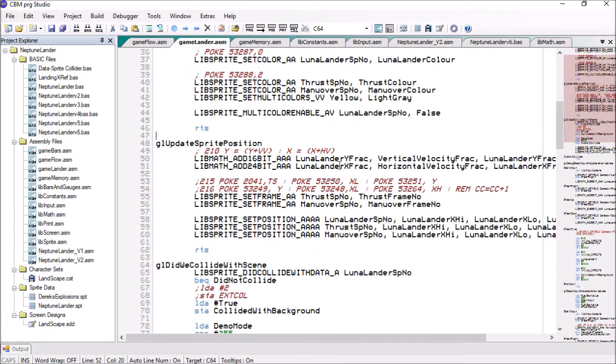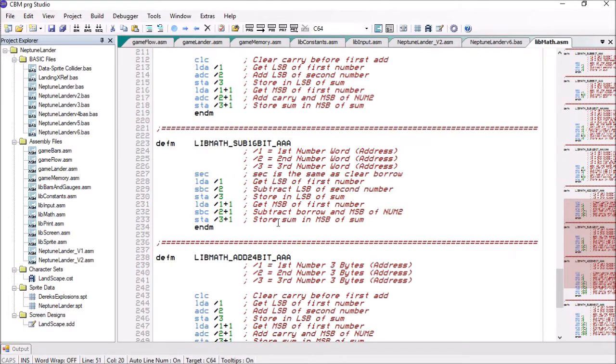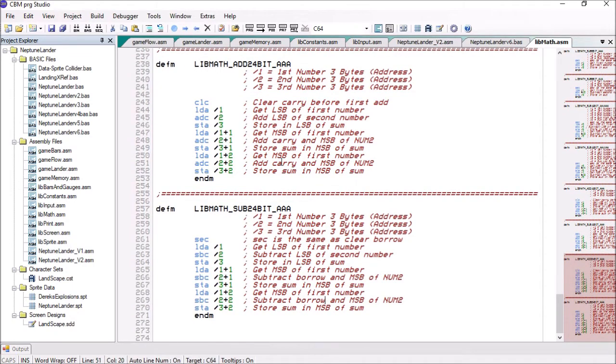So add 20, so it's the X fraction with the velocity goes back into the Lunar Lander X fraction. Add 24.